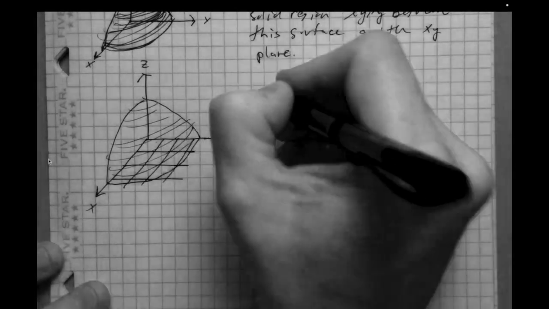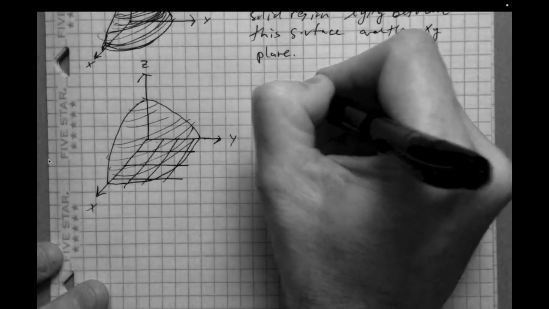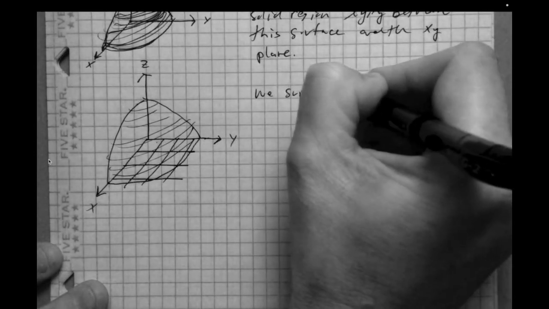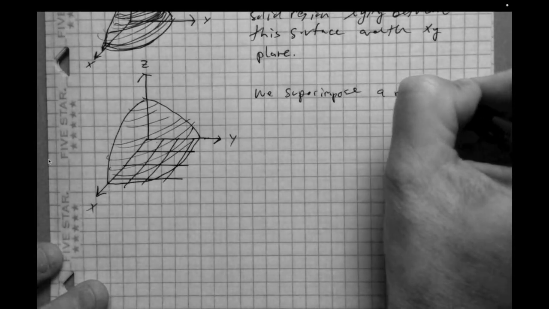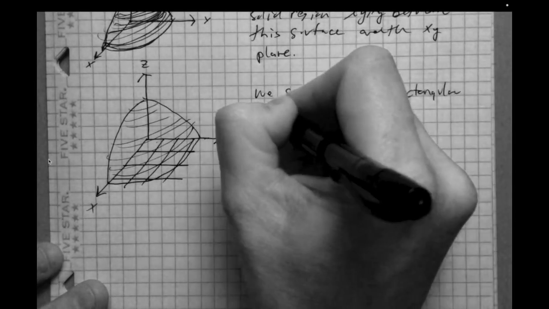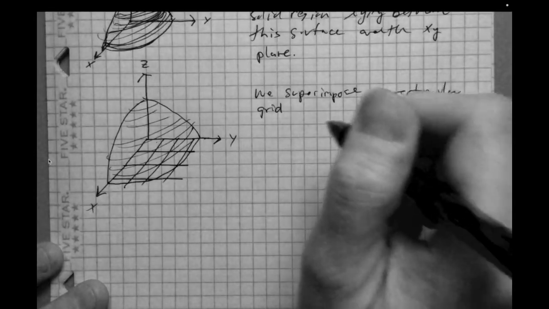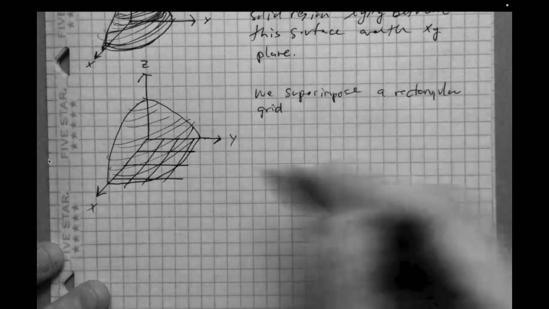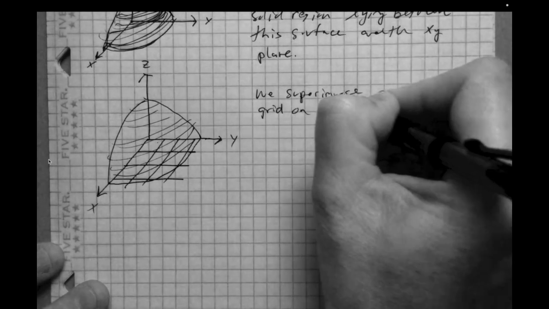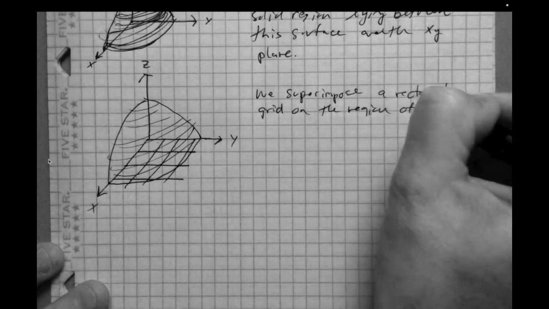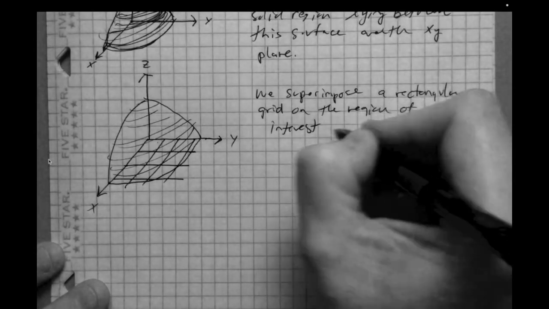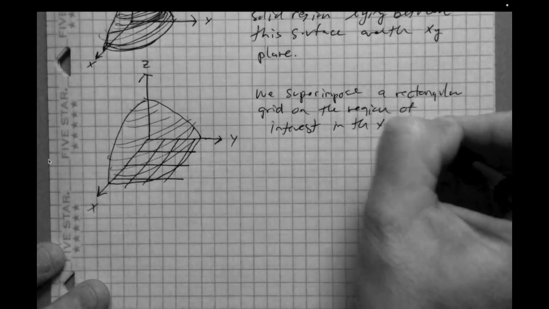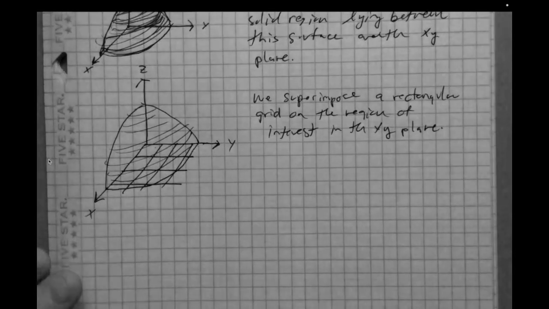So we superimpose a rectangular grid on the region of interest, and this grid is going to be in the xy plane, like so.